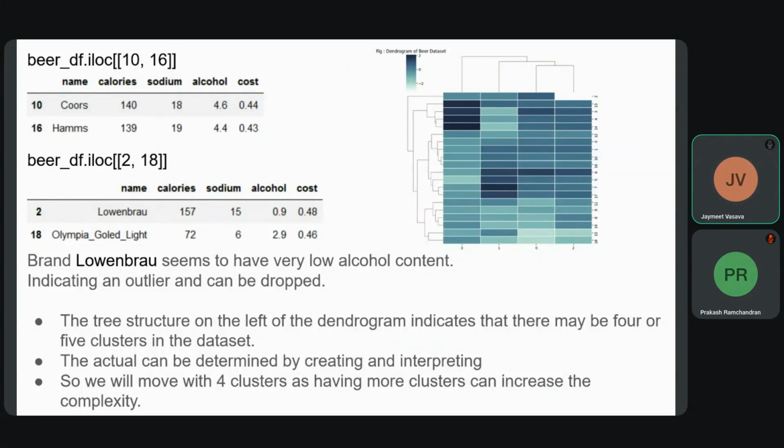The brand Low and True has a very low alcohol content, which can indicate that it is an outlier and can also be dropped.